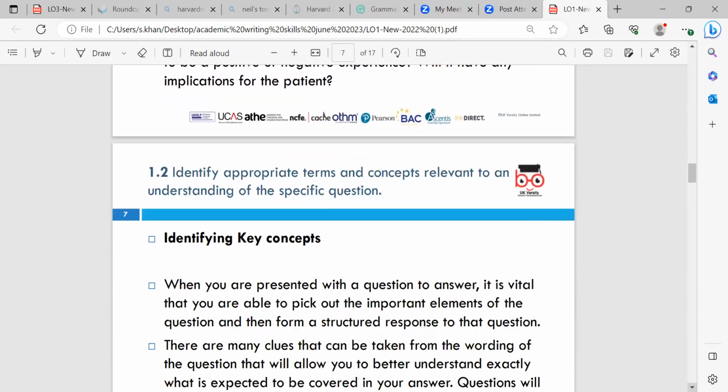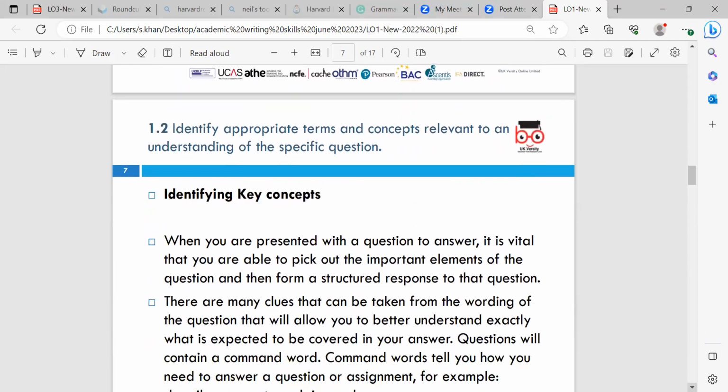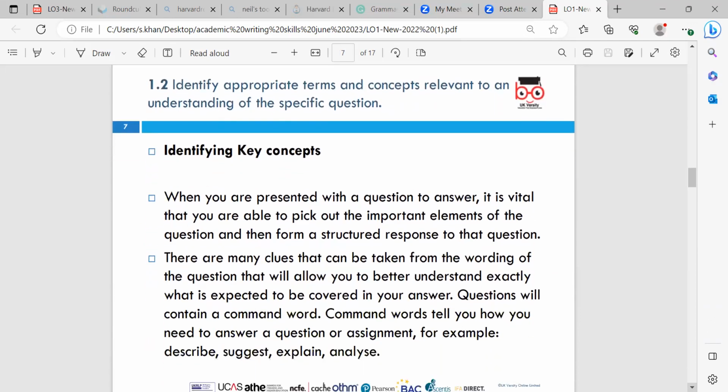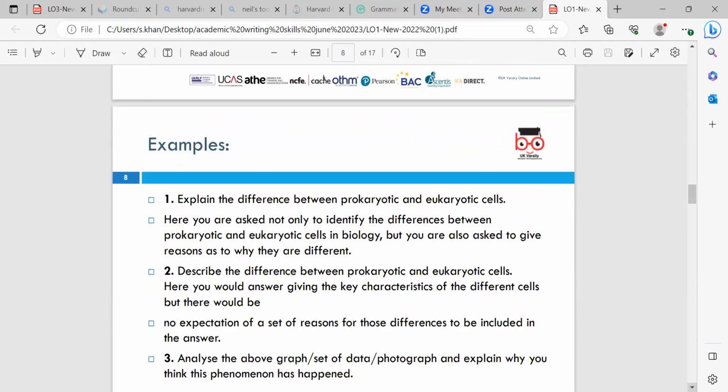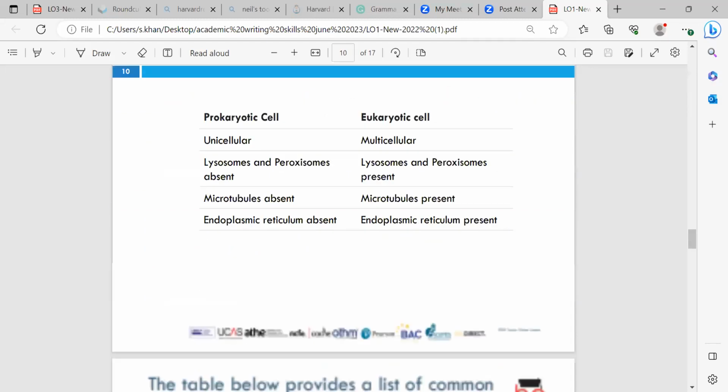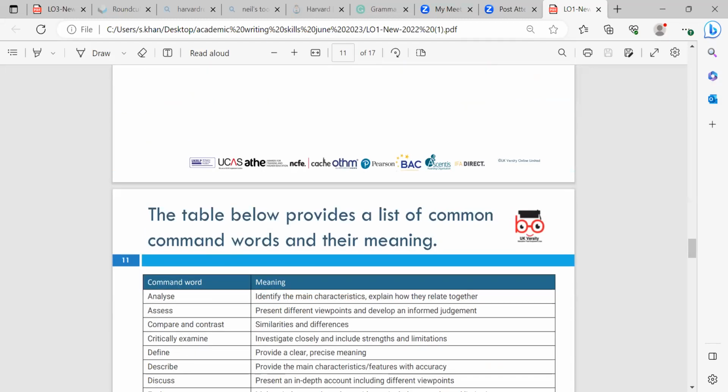We looked at identifying appropriate terms and concepts relevant to an understanding of a specific question. We looked at identifying key concepts. And we looked at the differences in regards to an example in regards to prokinetic and urotatic cells. So this example was just going through the differences.